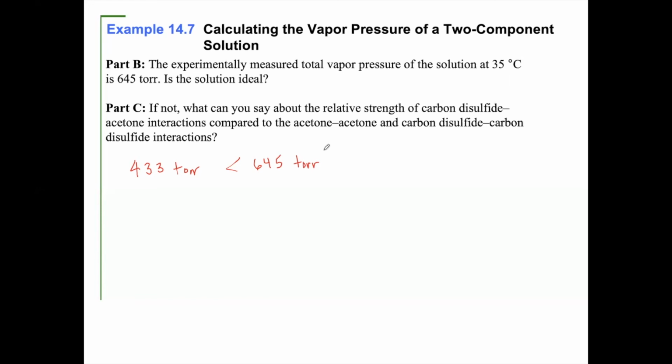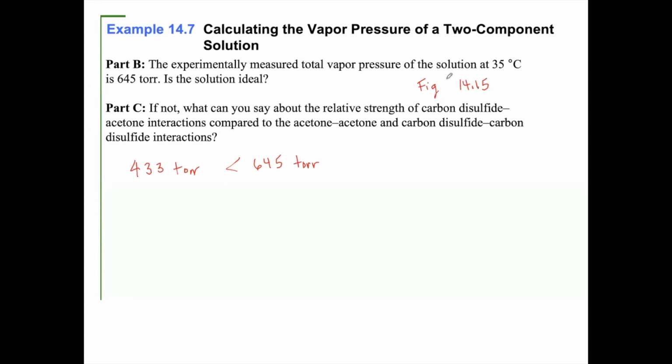This is discussed in the textbook. There's a diagram in figure 14.15 that illustrates the pattern in how certain solutions deviate from Raoult's law. So that kind of answers our question for part C.